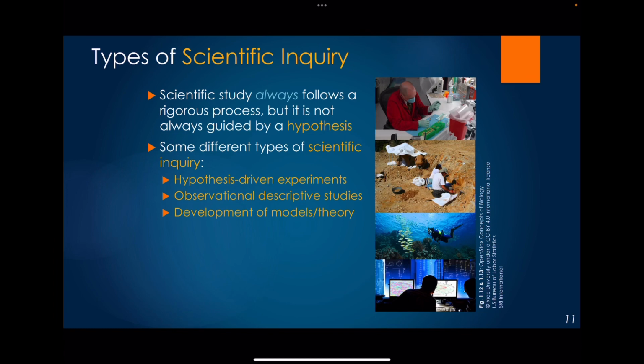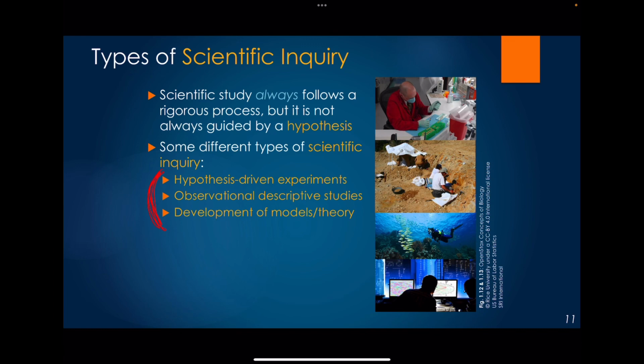Okay. Some of you guys, depending on what field you're in, can actually be doing scientific inquiry that maybe doesn't follow the traditional ways of a scientific method, right? So sometimes there are these different ones right here. There's a hypothesis-driven experiment, which is the one that we just did, like the example with Felix.